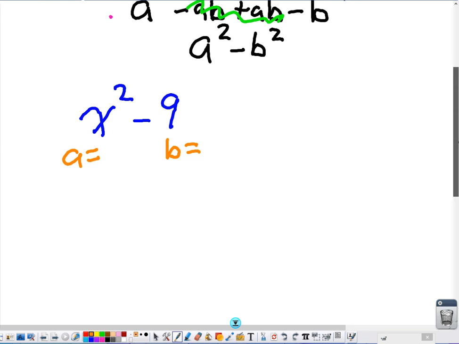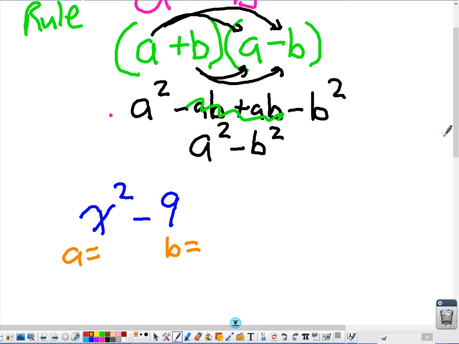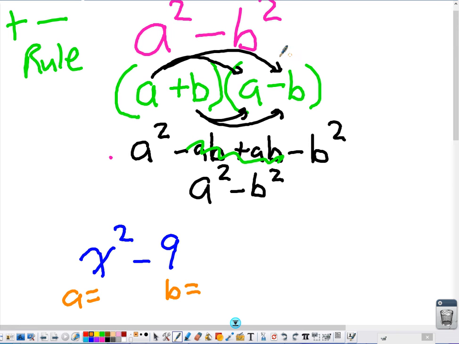Now, to do that, all I need to do, since a squared is x squared and b squared is 9, is take the square root. So I'm going to take the square root of x squared, and I'm going to get x. And I'm going to take the square root of 9, and I'm going to get 3.